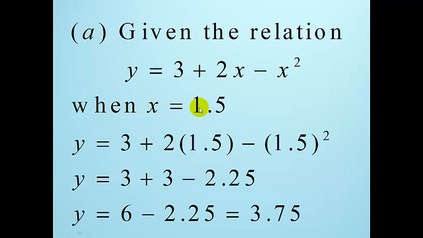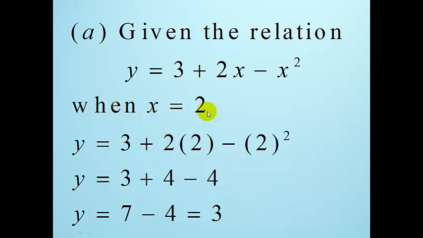Now when x equals 1.5, we have y equal to 3 plus 2 times 1.5 minus 1.5 squared. And 2 times 1.5 is 3, and 1.5 squared is 2.25. So y will be equal to 3 plus 3 minus 2.25, that is 6 minus 2.25, which is equal to 3.75.